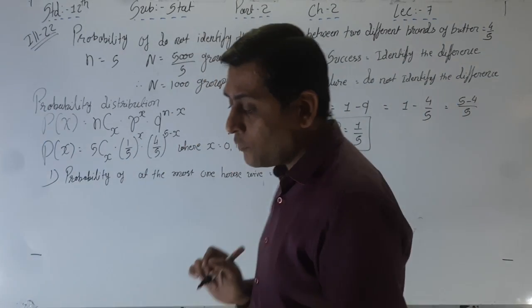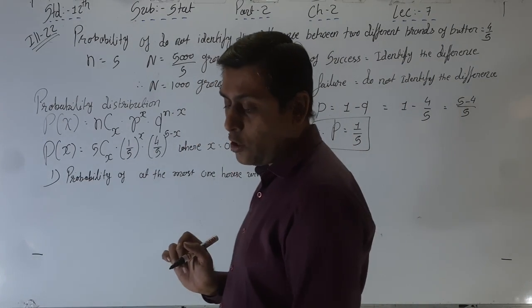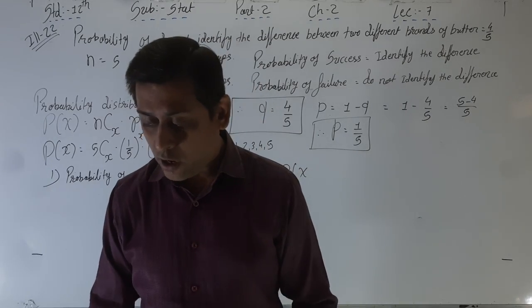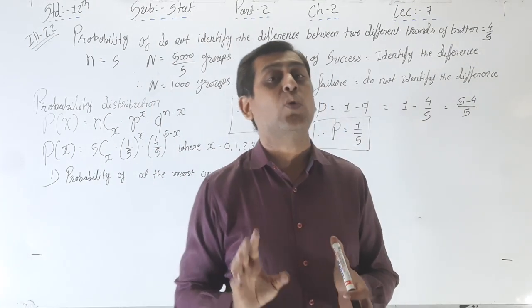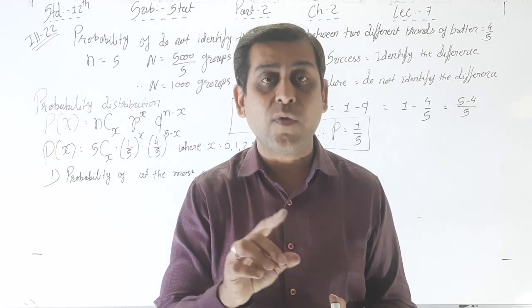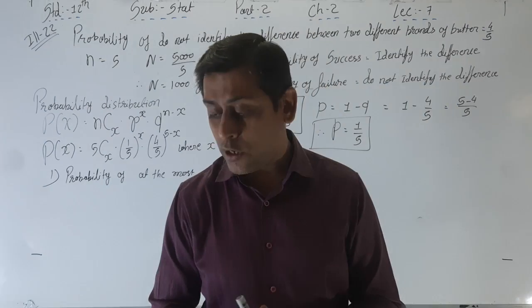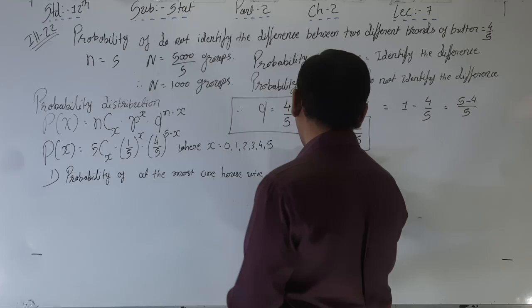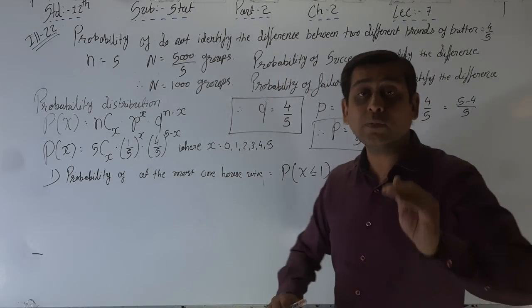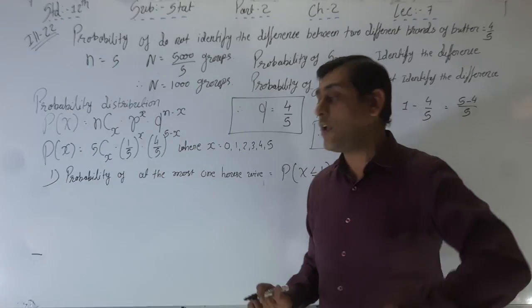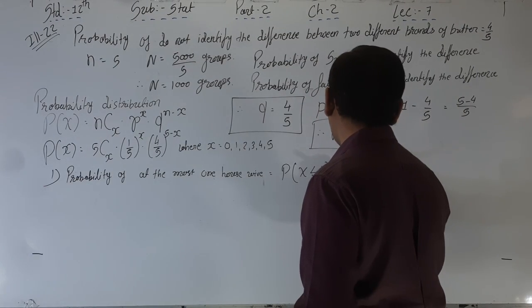What do we have to take? We have to take less than or equal to. Why? Because for at the most, at that time we write less than or equal to. For at least, at that time we write greater than or equal to. So here we have to find out P of X less than or equal to 1. But from 1000 groups, that's why we have to multiply that with N, capital N.